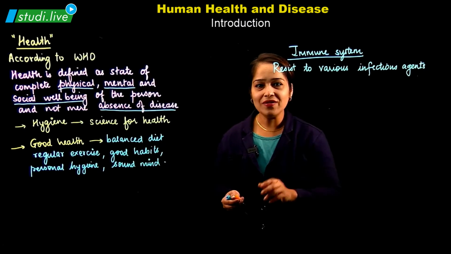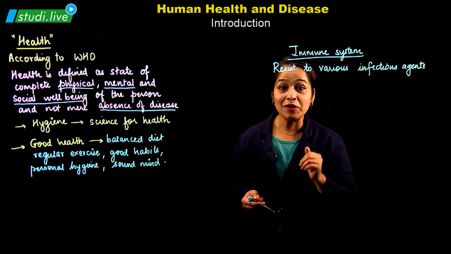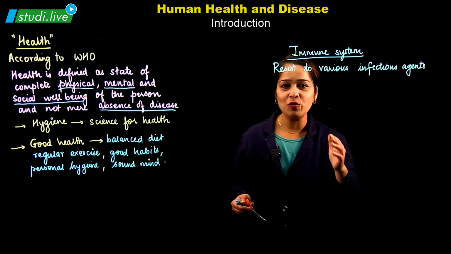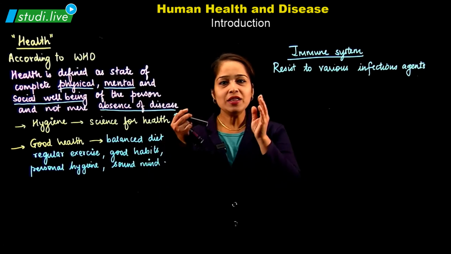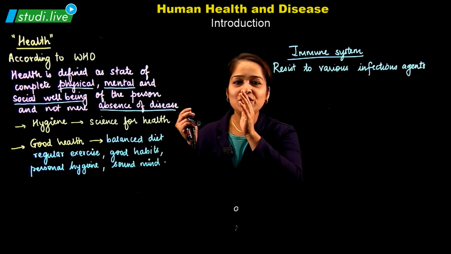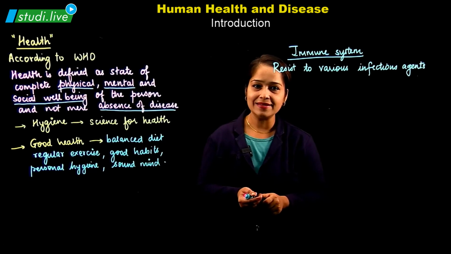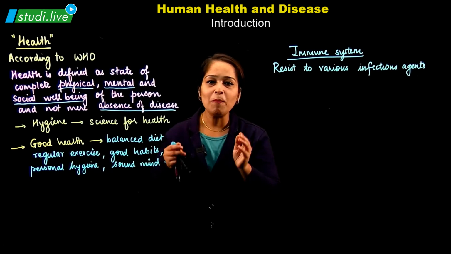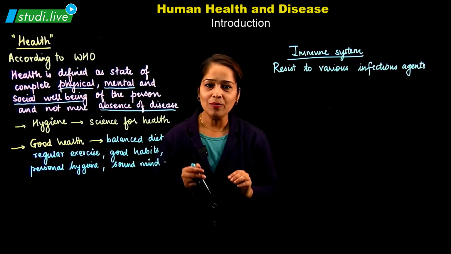Because of this immune system, we have resistance, which is the ability to fight off or remove these harmful pathogens from our body. So this was the first part, which is human health, and the second part is going to be diseases. To maintain proper human health, we have this immune system which is called immunity.